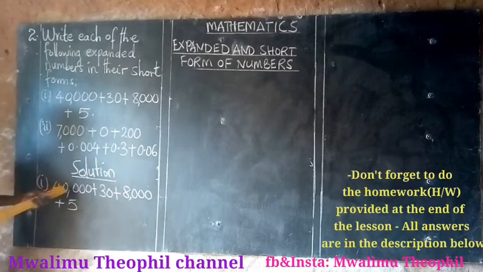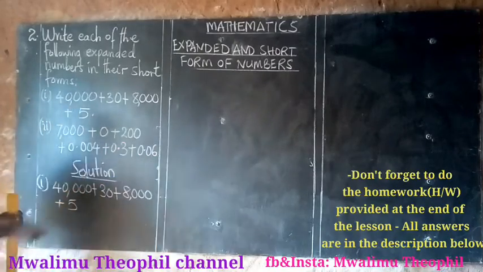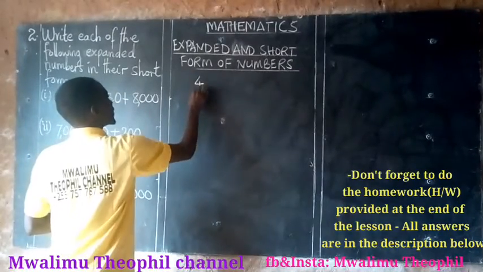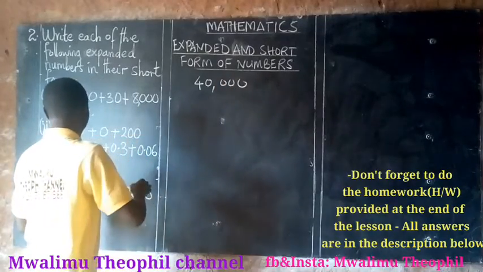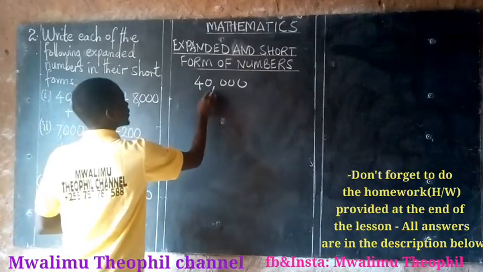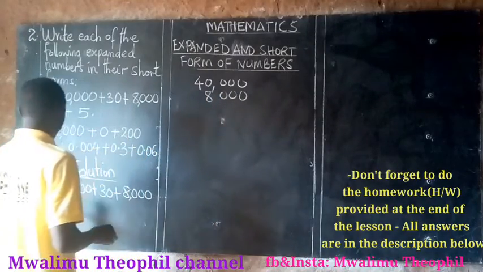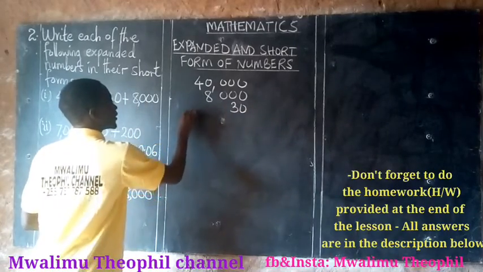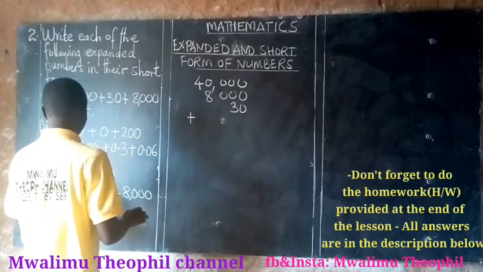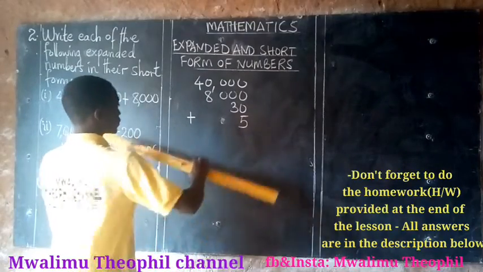We just carry out addition of these total values. So it becomes 40,000 plus we add 8,000, you add 30, and then at the end you add 5.